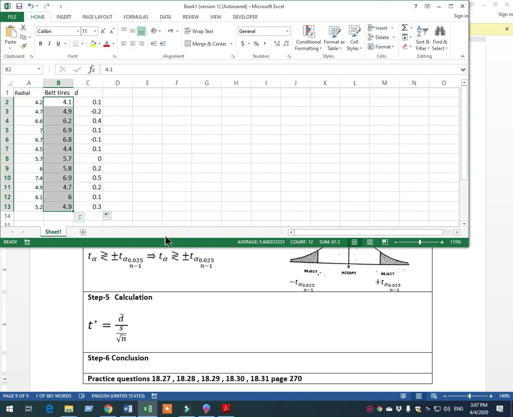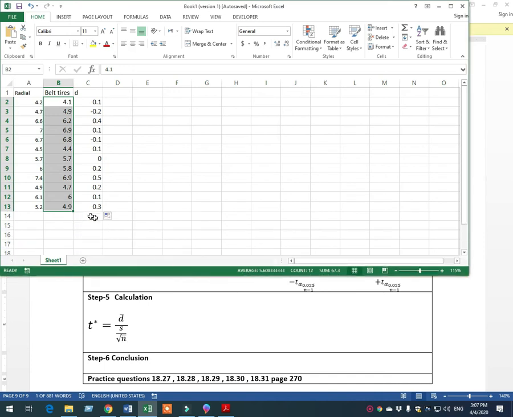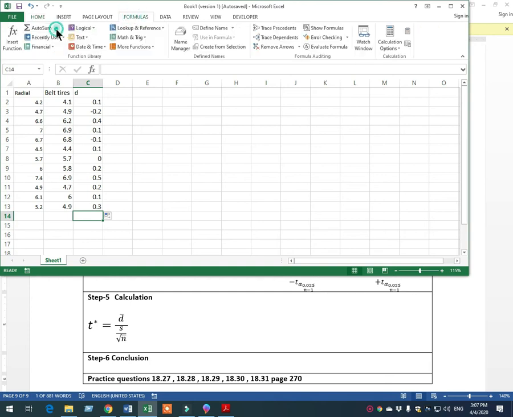Now I have to get the mean and the standard deviation of this difference. For that it's quite simple: take the average of all these. The average becomes 0.1416.